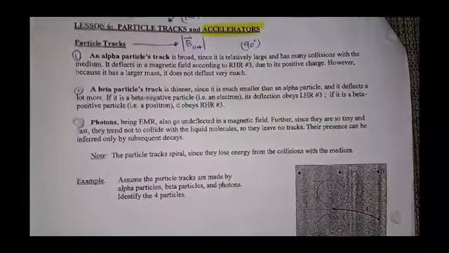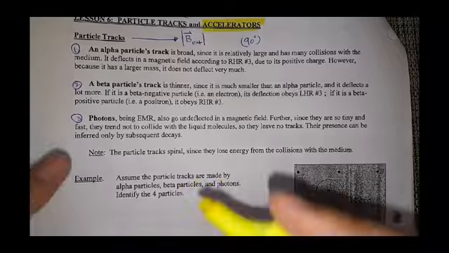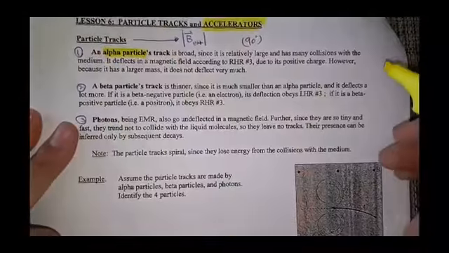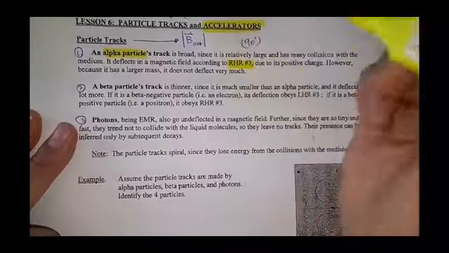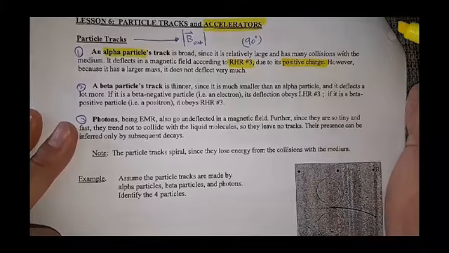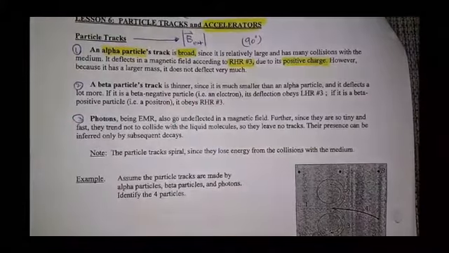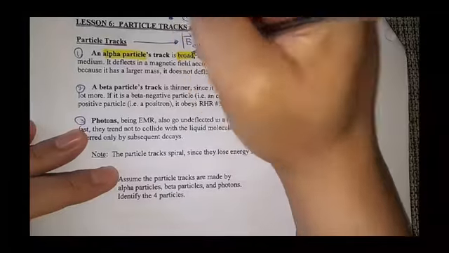So let's go through three different types of emission and how the particle track should show you. Alpha particle: we have to use right hand rule number 3 because of its positive charge, and the track is a broad circle. This broad one is what I want to emphasize a bit.